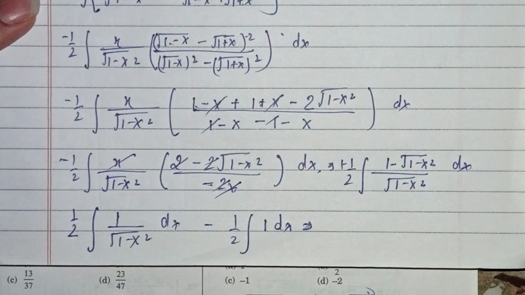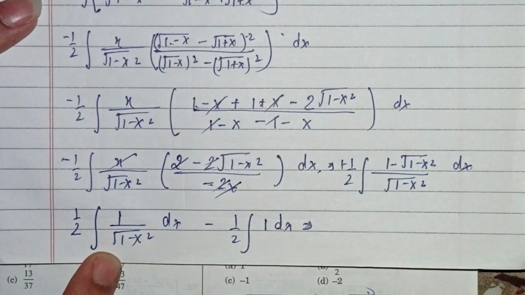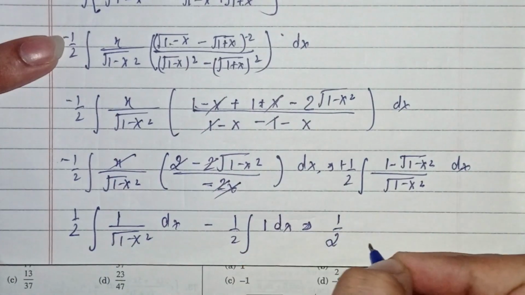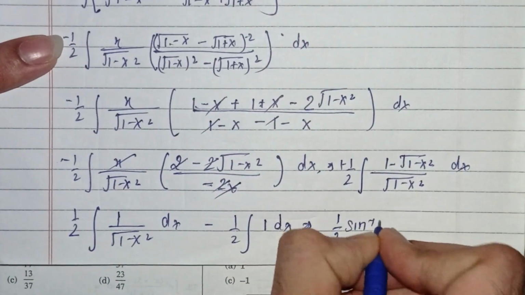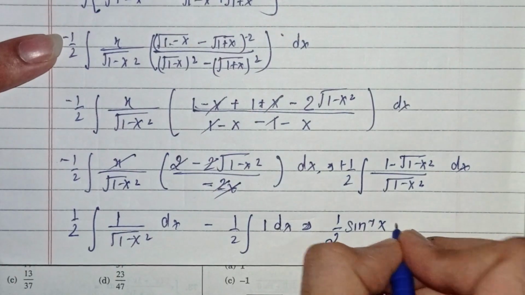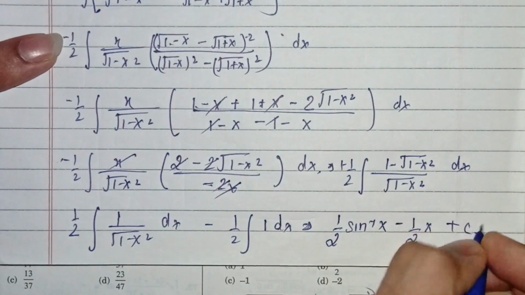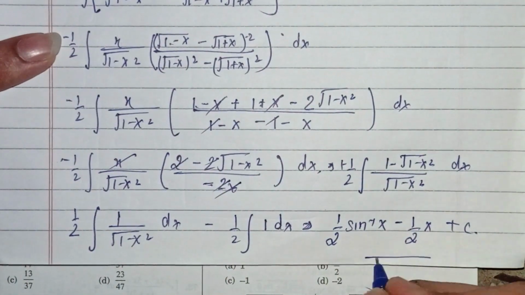So it will be 1/2 sin⁻¹x minus 1/2 x plus c. So this is the answer of this question.